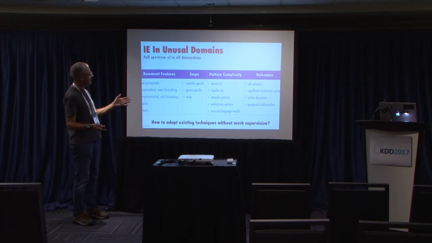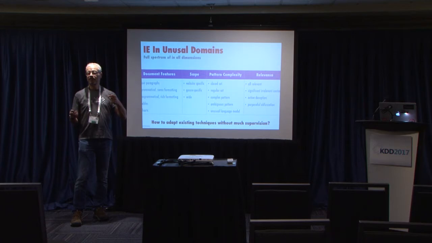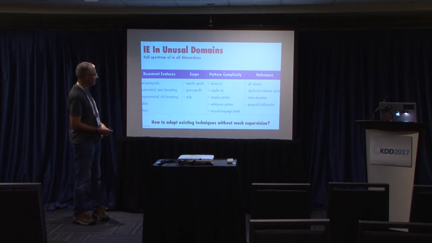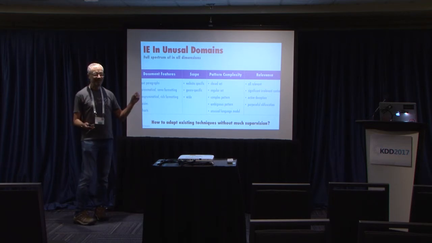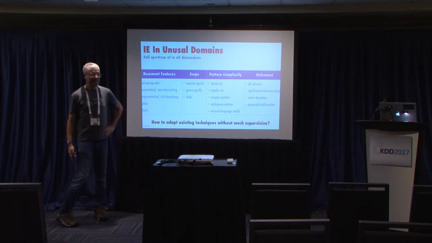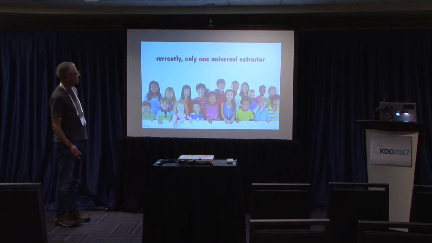So it seems like you have to solve too many problems to do useful work in unusual domains. And I think the surprising lesson for us is the opposite. You actually have to solve some of these problems, and then you can make enormous progress. And we'll show you some of that.